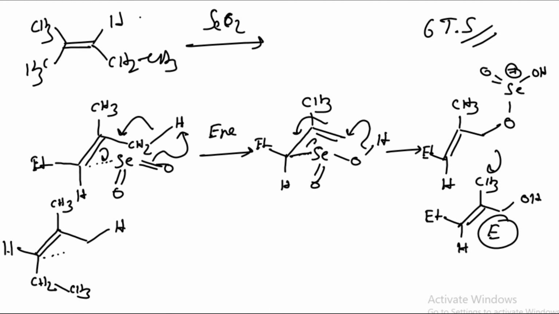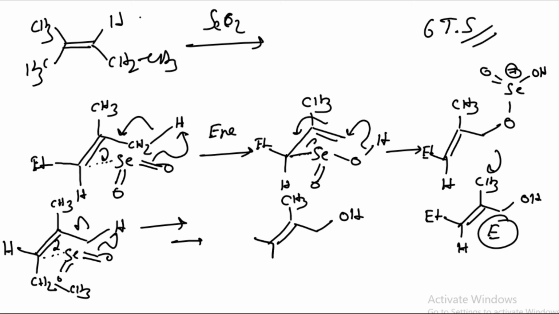So now there is hydrogen, there is selenium, there is also another one. You know that typically the reaction goes through there, goes here, this comes here, and after those consecutive steps you will get this as your product, which is a Z alcohol. So the answer lies in the transition state structure. What you can see is that this is a cyclic TS, so there will be an intermediary transition state.